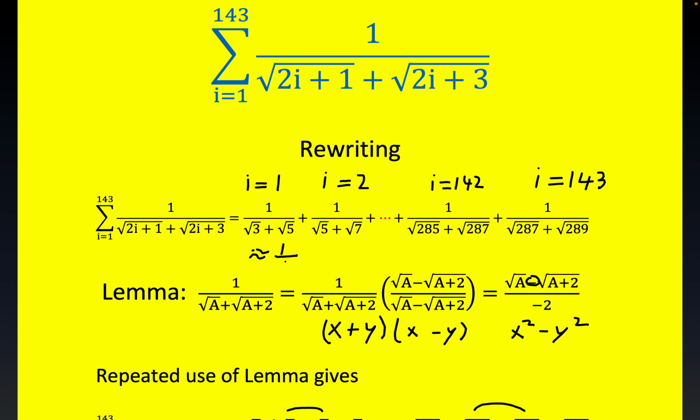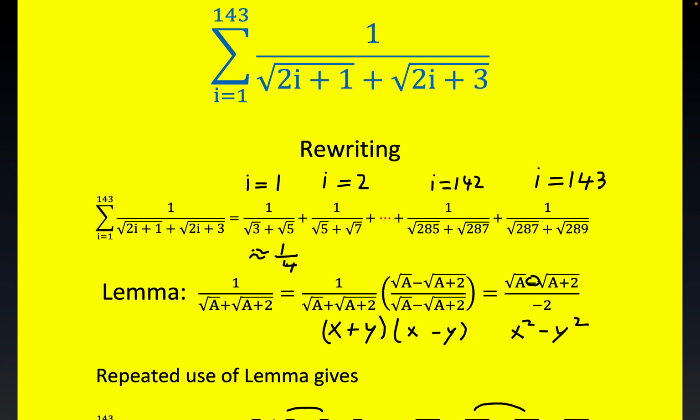It's got to be close to 1/4 because think of the square root of 4 being in both places: you would have 2 plus 2 down here, and 1 over 2 plus 2 is 1/4. Both the square root of 5 and the square root of 3 are close to 2, so it has to be fairly close to 1/4.